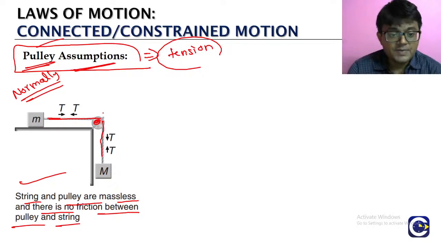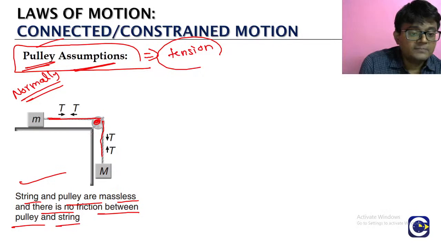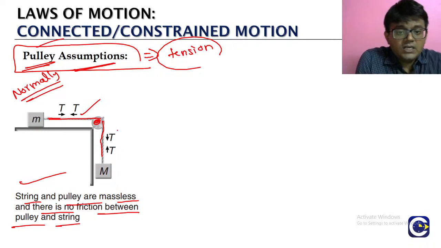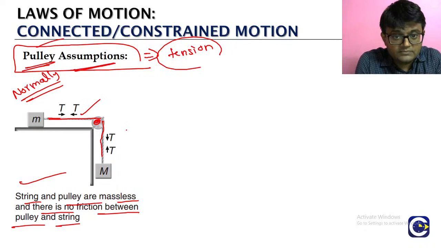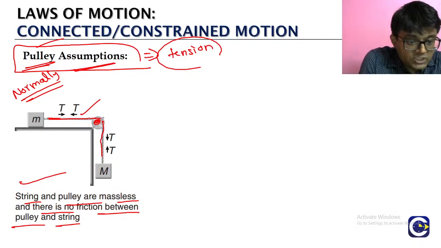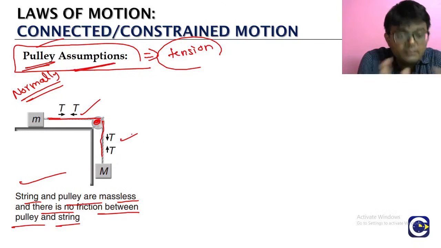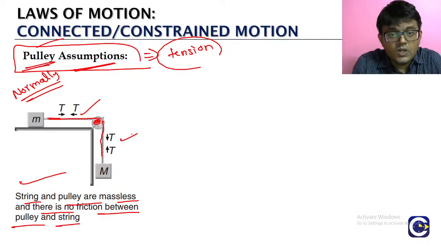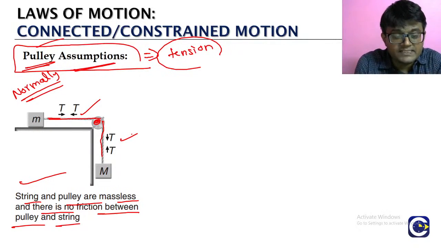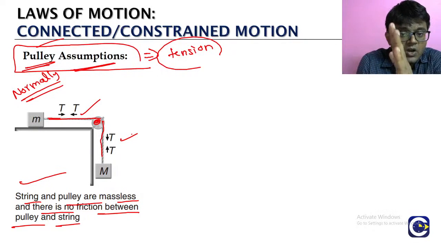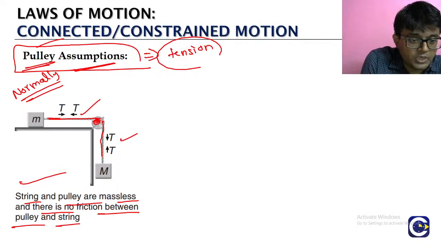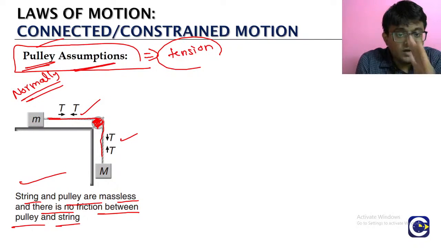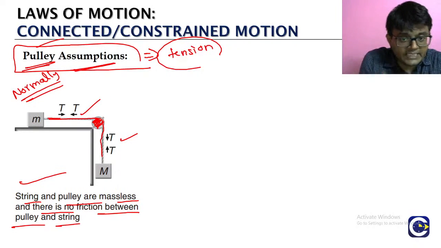Okay, if that is so, then look, it is one rope only, but the tension on this side of the pulley and the tension on the other side will be the same. Do you know where the pulley makes a difference? The pulley will be creating a difference in tension on either side of the pulley. So when you have a pulley, it can create a difference between the tension on this side and the tension on the other side.